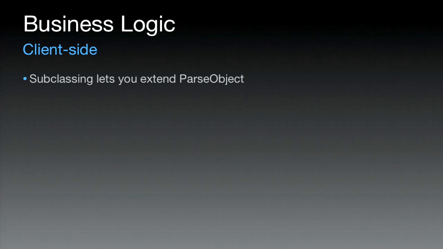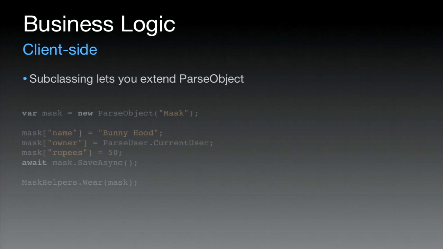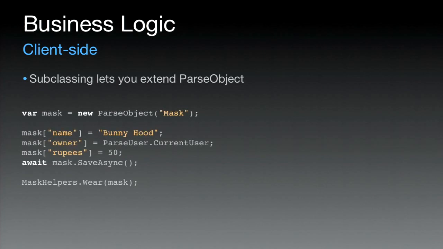On the client side, we allow you to write subclasses on all of our different platforms, whether you're using C#, Objective-C, Java, or JavaScript. You can subclass Parse object and add additional functionality to Parse objects. So you can, for example, take code that looks like this. This is some C# code, where I create a new Parse object.